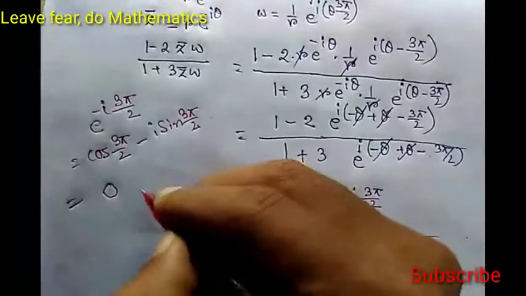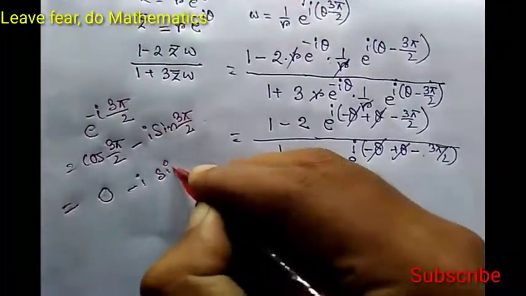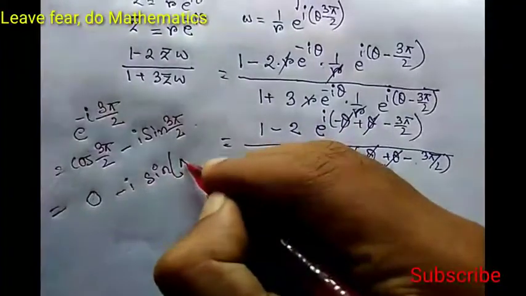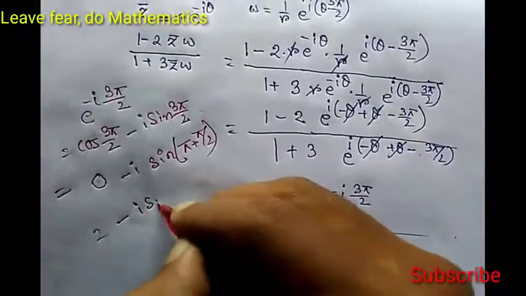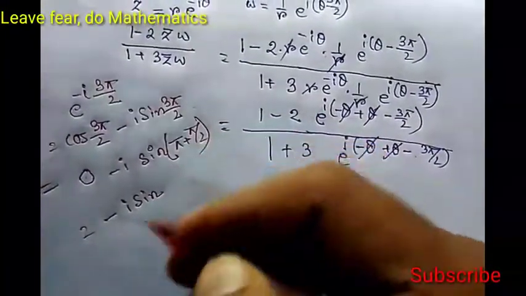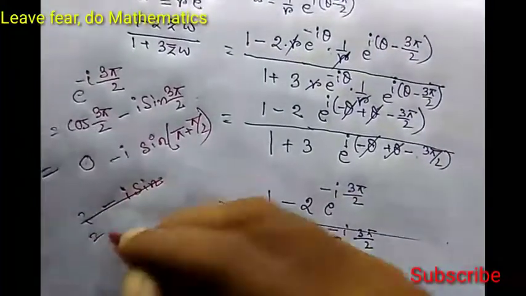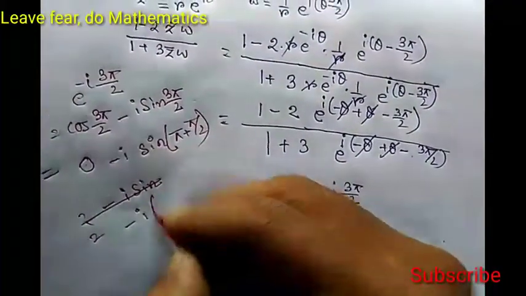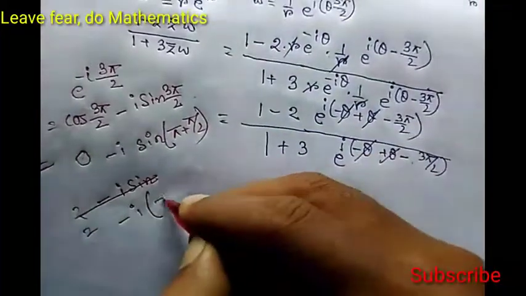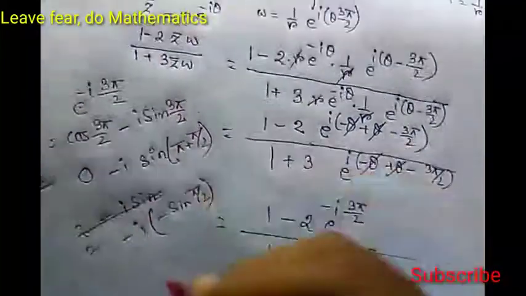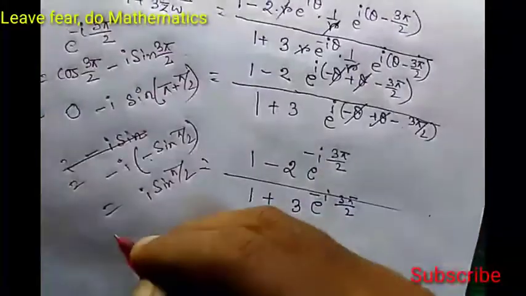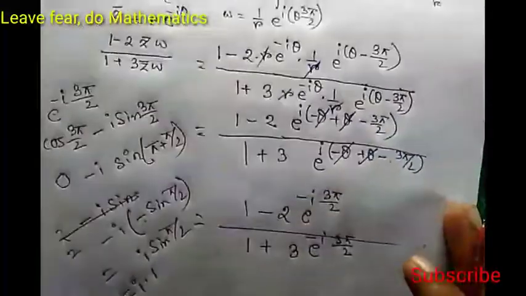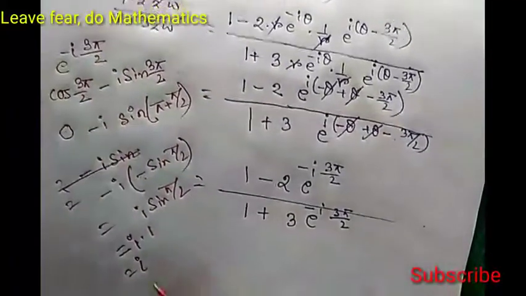Minus i sin 3 pi by 2 can be written as minus i times sin of pi plus pi by 2, and sin pi plus pi by 2 is minus sin pi by 2. So minus minus gives plus i sin pi by 2, and sin pi by 2 is 1. So this is basically i times 1, equal to i. So e to the power minus i into 3 pi by 2 is equal to i.